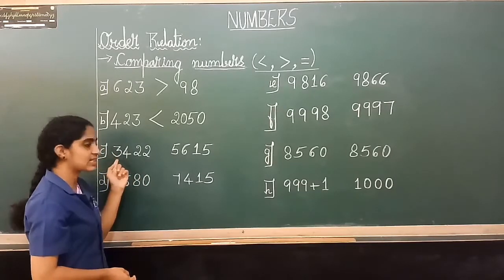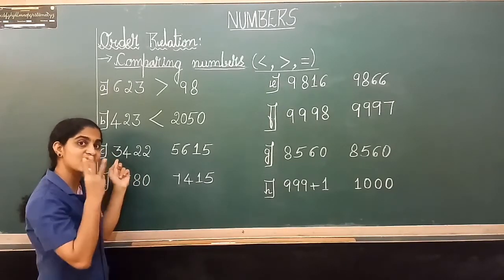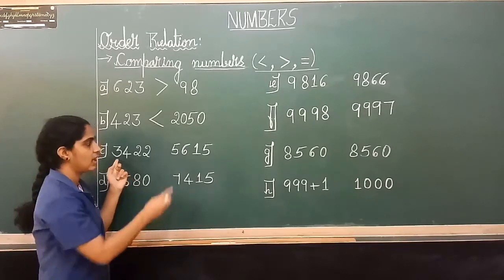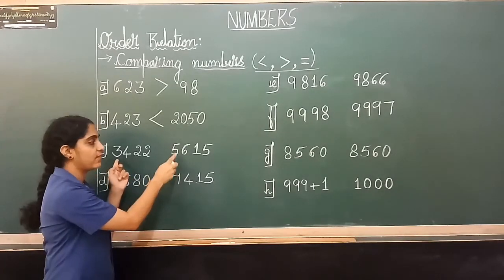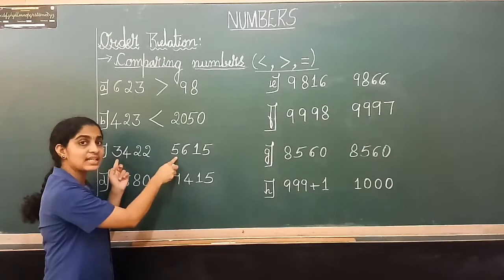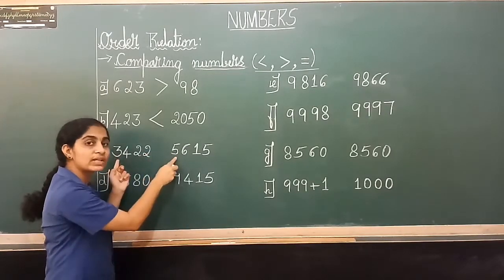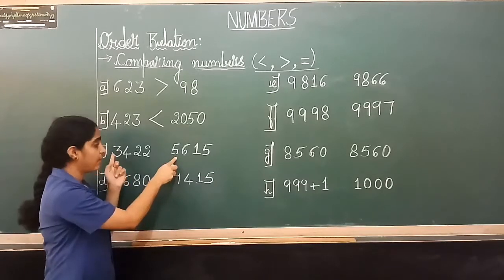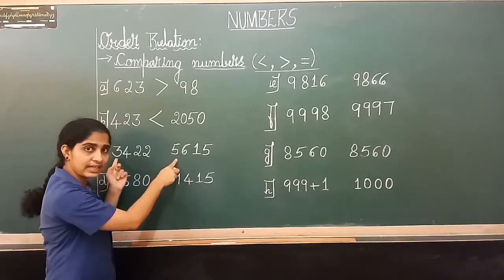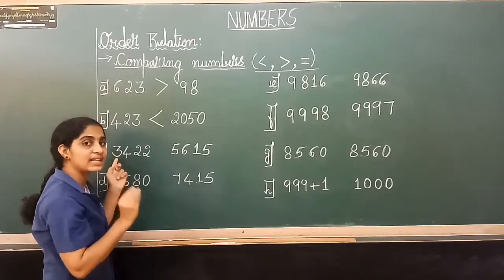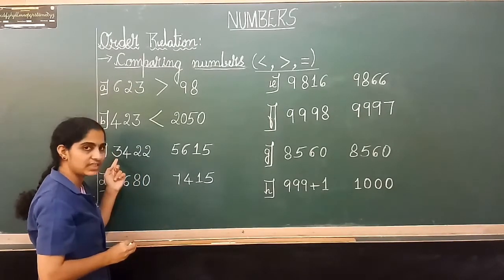Here, the first digit of this number is 3, right? On the other side, the first digit of this number is 5. Now we have to compare these two first digits. Whether 3 is greater or 5 is greater. Yes, 5 is greater than 3.